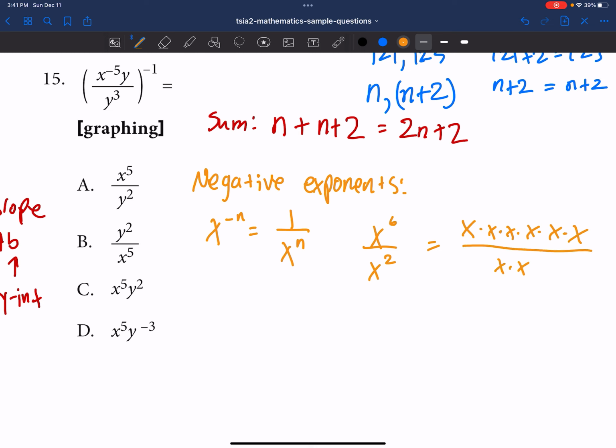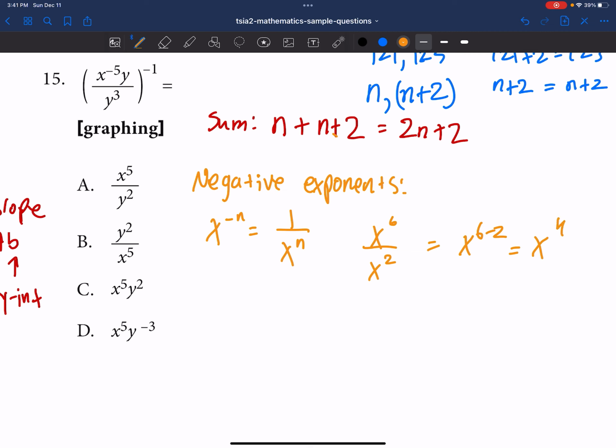They have common factors, and so what is the result? x to the power of 4. And we learned in Algebra 1 that to divide these things, you subtract the exponents, right? So a shorthand is just to take those exponents, x to the power of 6 minus 2. So you get x to the power of 4.